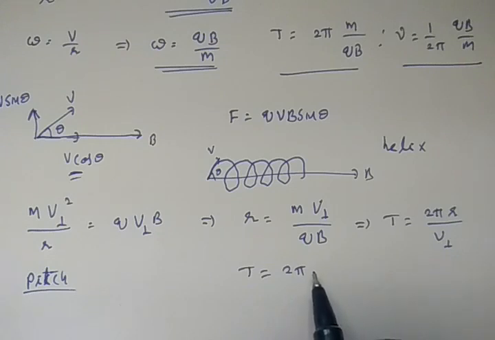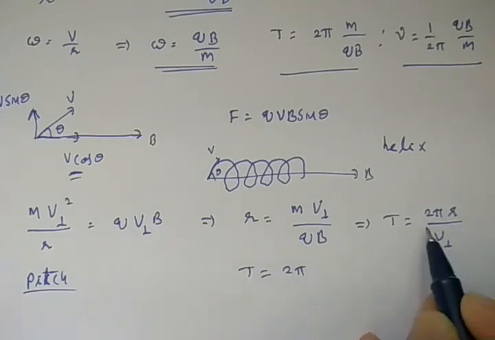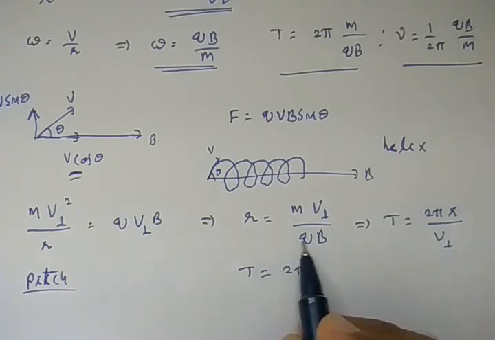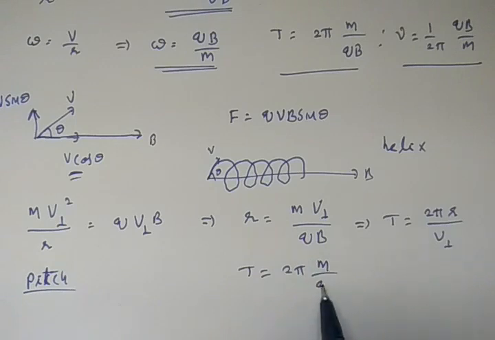Here, r by v perpendicular will be m by q B.